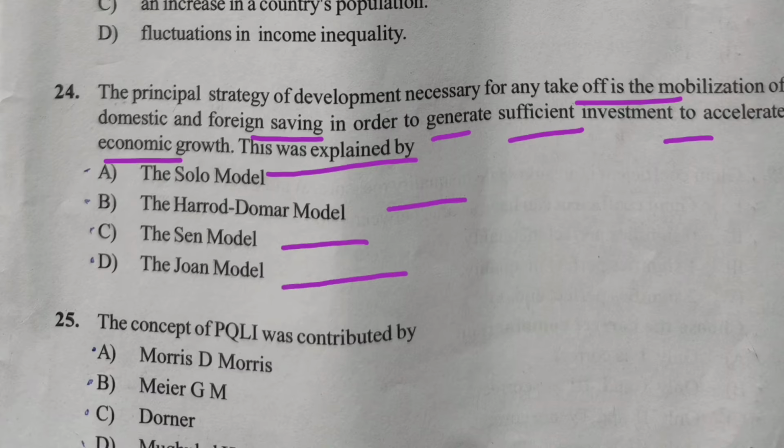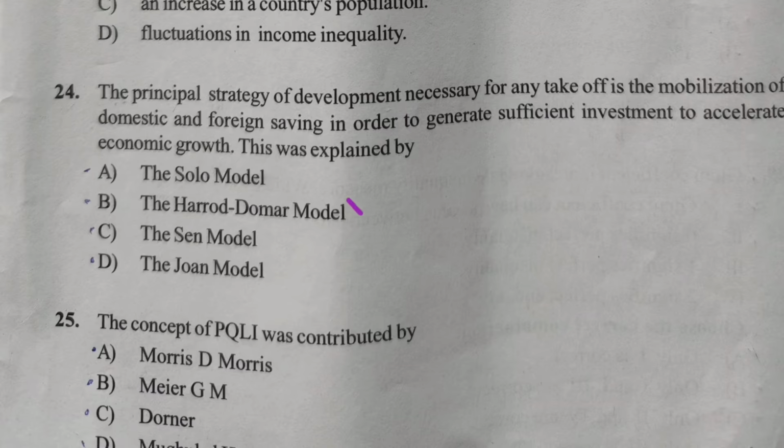So I guess domestic and foreign savings to generate. I'm not sure, so let's go for Harrod-Domar model, but it talks about development here. Okay, so I'm not sure about this, so I will go for B option.